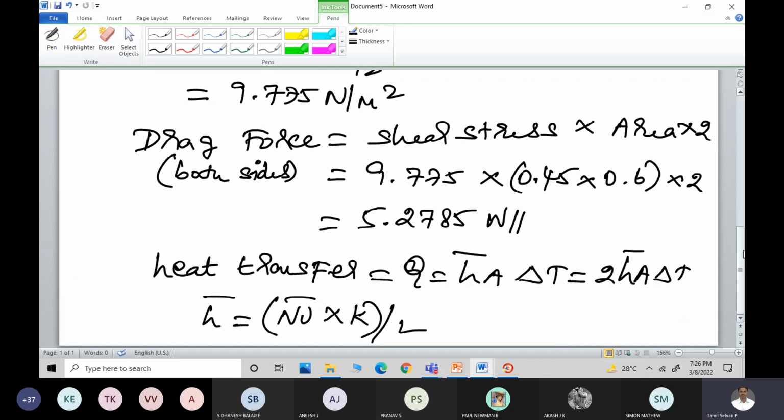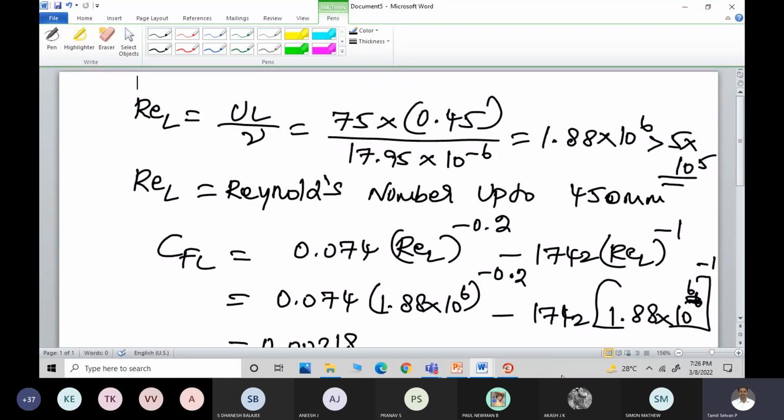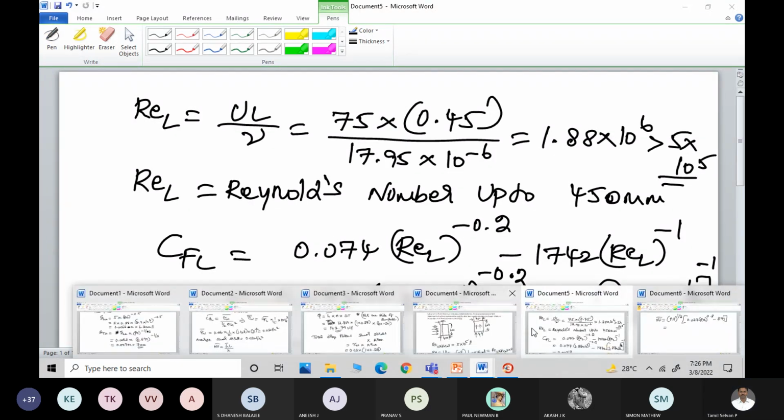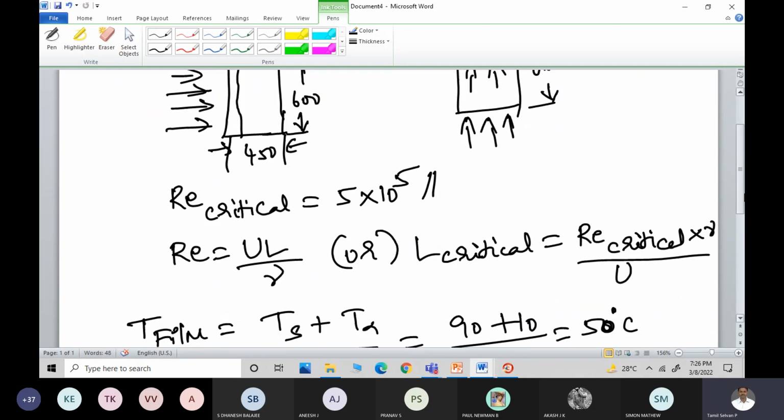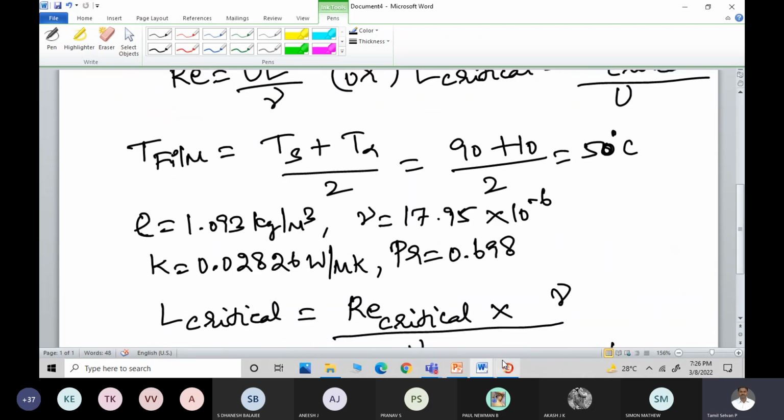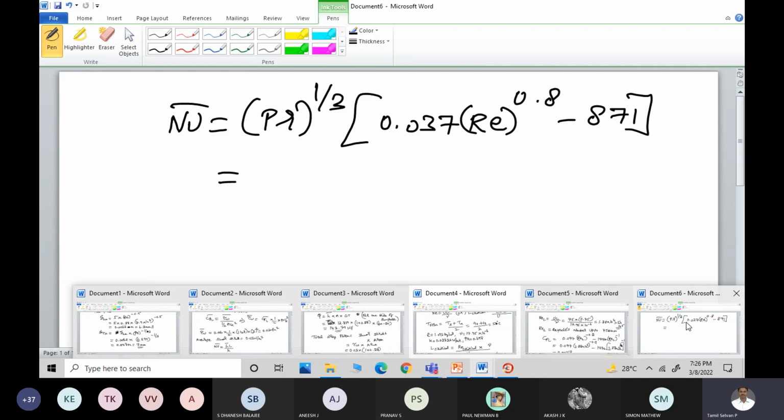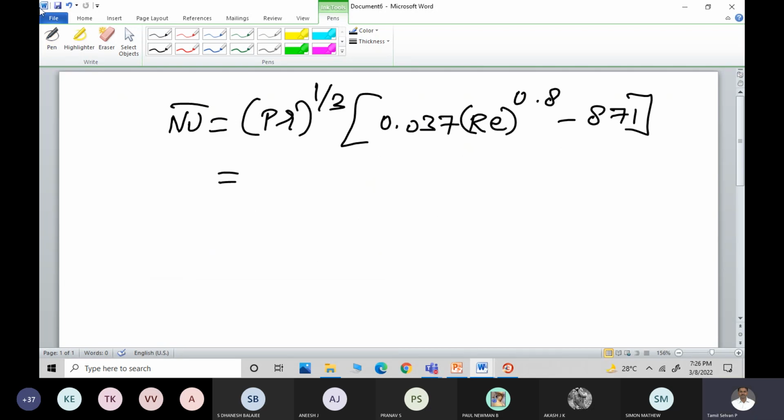Now the Prandtl number, we have found it in the very beginning. How much is the Prandtl number? The Prandtl number is 0.698. Please tell me the values faster. What is the Reynolds number we have found out up to the total length?